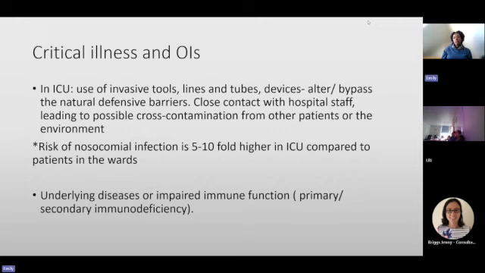Nosocomial infections are 5 to 10 times higher in ICU compared to patients in the wards. Other reasons for opportunistic infections in our patients is because they have an underlying disease like diabetes, which already compromises your system in many other ways, which we'll discuss.